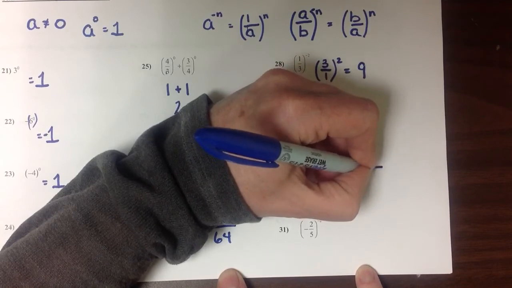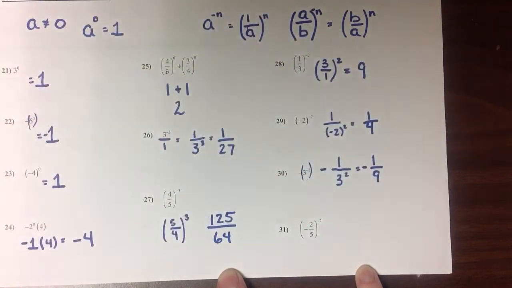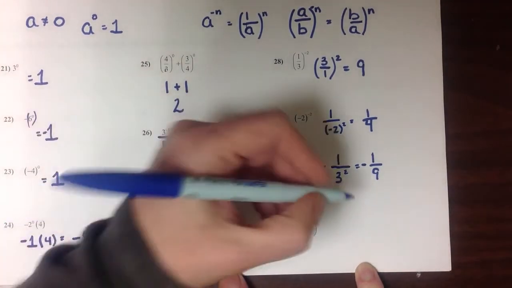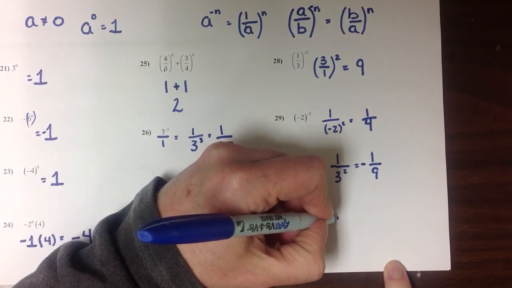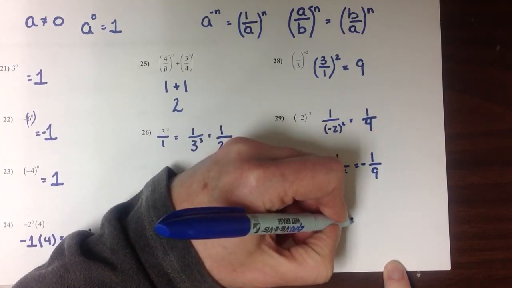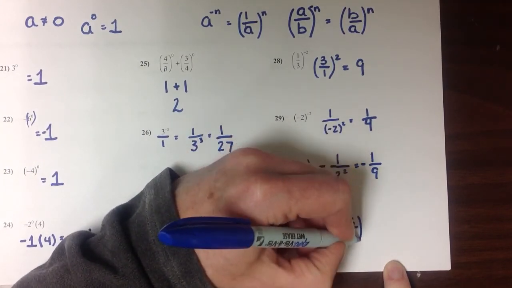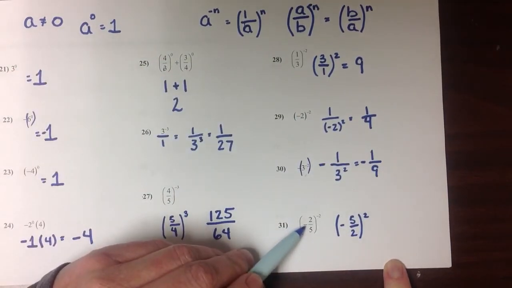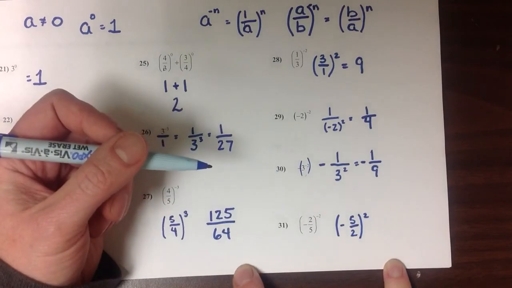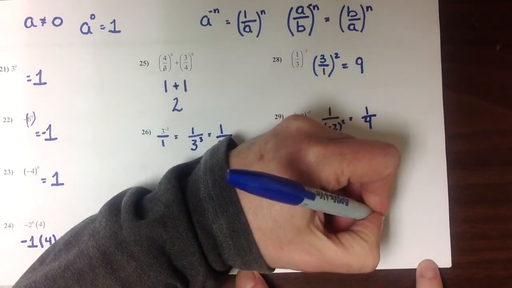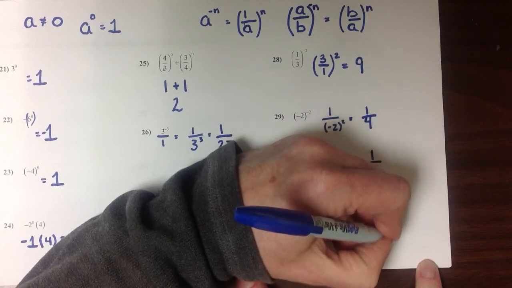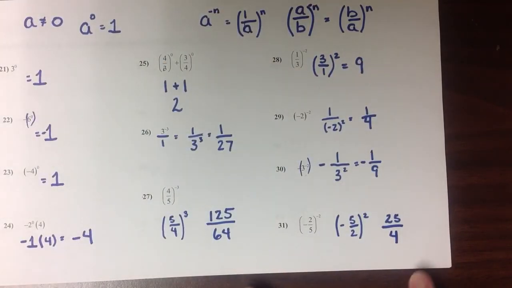So this problem ends up equaling -1/9. In this last problem, we have a fraction where the numbers will change places. It becomes 5/2 getting squared. And because the negative is inside the parentheses, the negative is squared also. So we're going to end up with a positive 25/4 as our final answer.